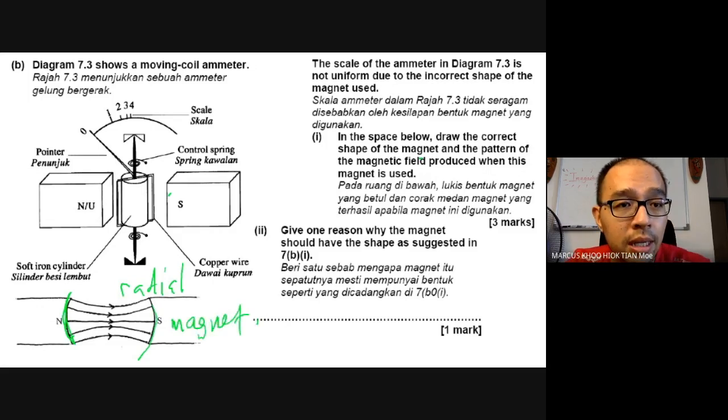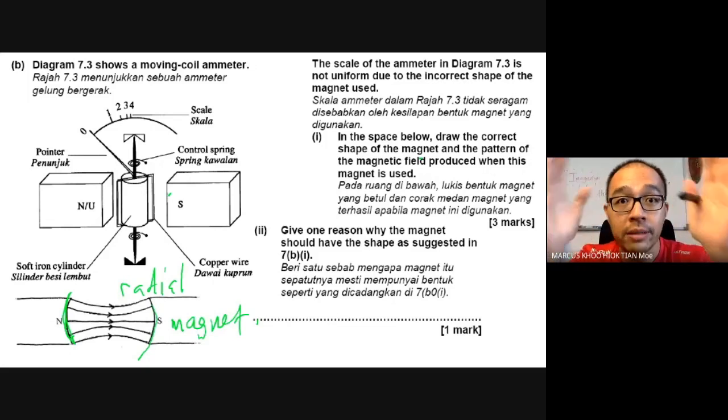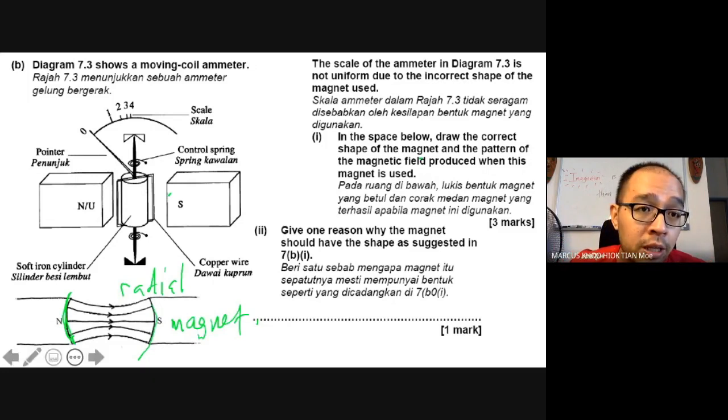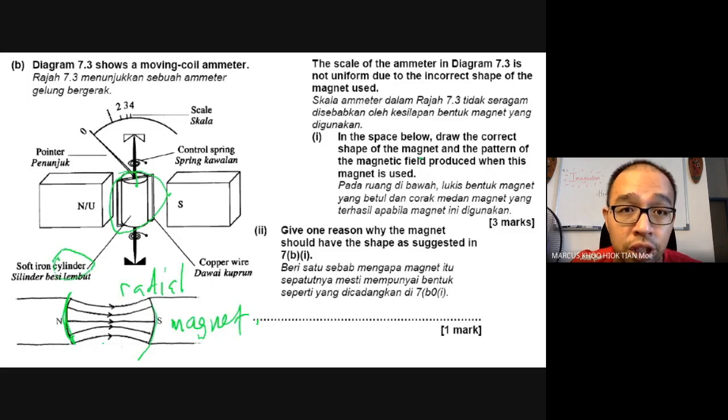Okay, this is a flat magnet or square magnet. But radial shape, radial comes from the word radius. So it is like a circular shaped magnet. Because of that, the magnetic field lines will be a little bit different and it will fit better with this particular part, because our soft iron is actually cylinder in shape.